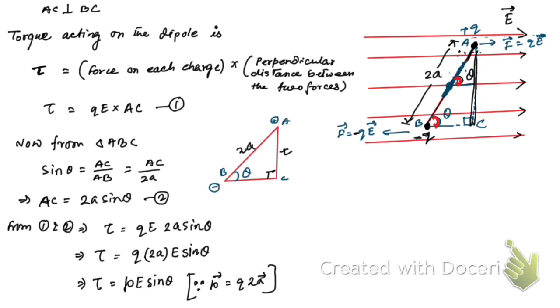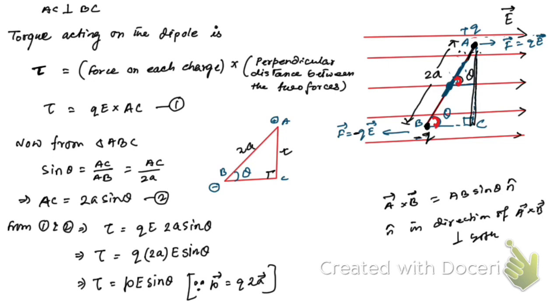So if you write this in vector form, now you see, we know that A cross B is A B sin theta n cap. N cap is the unit vector in the direction of A cross B, which is perpendicular to both vector A and vector B. I hope that you know these things, right?